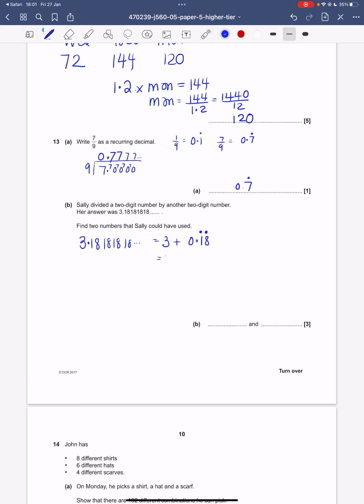Okay, so it's 3 plus, and when it's 0.18 recurring, that is actually 18 over 99. If it's 2 decimal places recurring, it's over 99. If it was 3, 999. This one here, we've got 1 recurring, and it's over 9. So the number of digits that are recurring is the number of 9s that are in the denominator. It's 18 over 99.